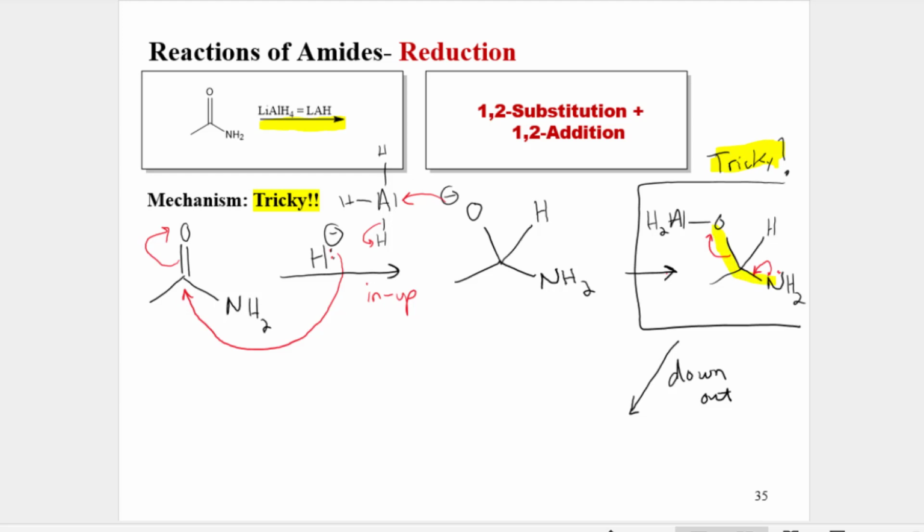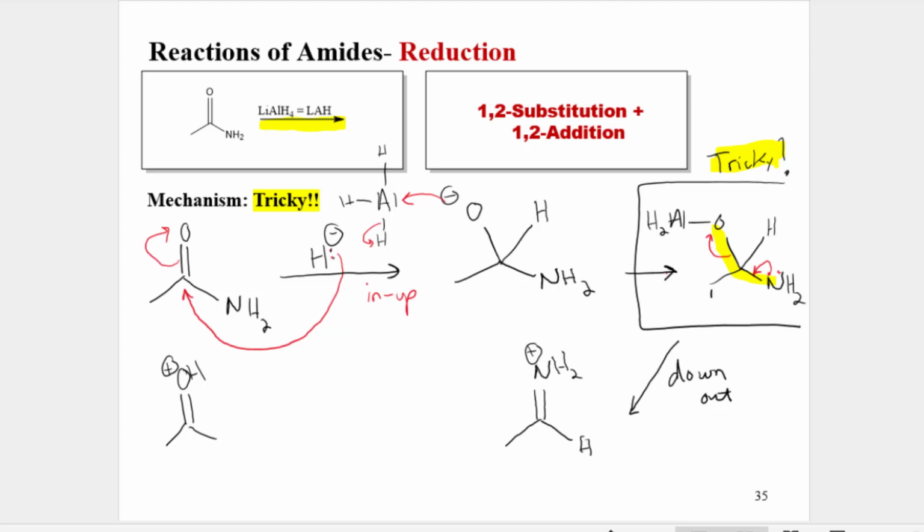So what does that get us? It gets us a very funky looking system, which we haven't learned about yet, but you will in second semester organic. So I just want you to think about this as a carbonyl. Remember when you had carbonyls and they had protons on them, they were activated? This is like a nitrogen version of that. It's like a carbonyl that's activated because it's got a nitrogen on it.